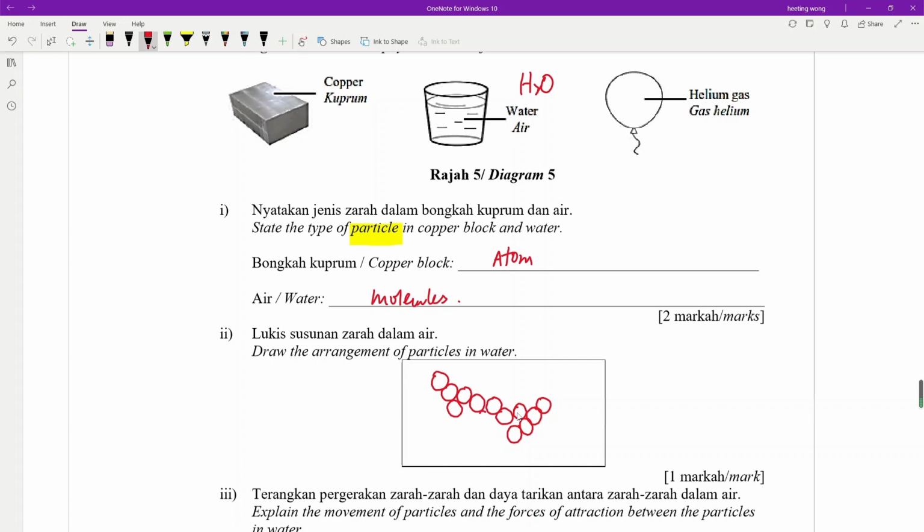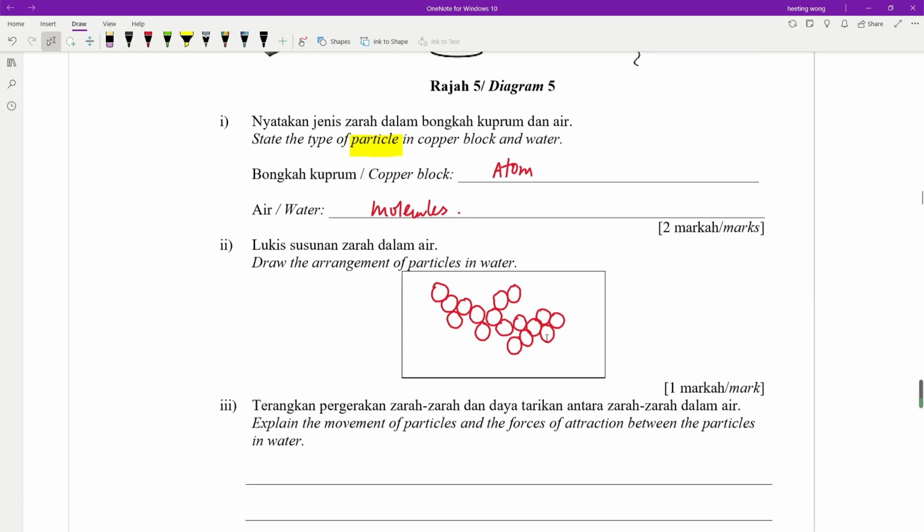The size of the atoms should be almost the same, try to avoid the overlapping like this. Avoid it. So this is the liquid form.